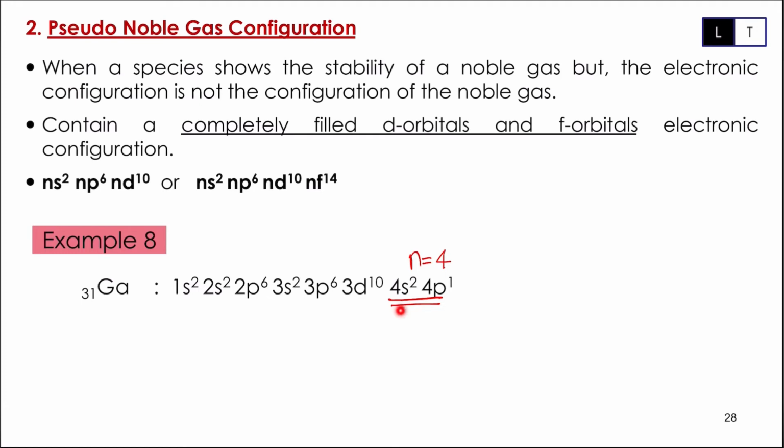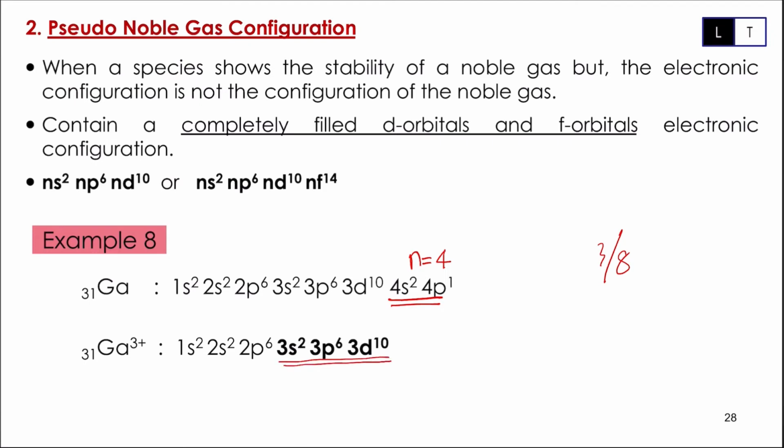You can see that in n equals 4, the total number of electrons is 3, so 3 out of 8. That is why gallium more favorably donates 3 electrons. Hence, it will be Ga3+, the gallium ion with VEC 3s2, 3p6, 3d10.